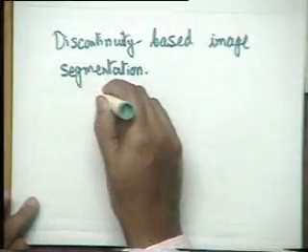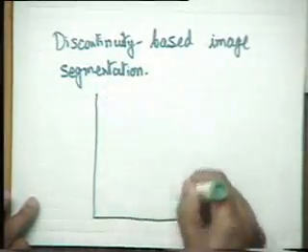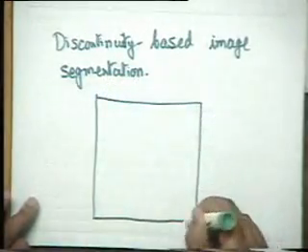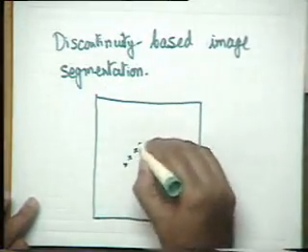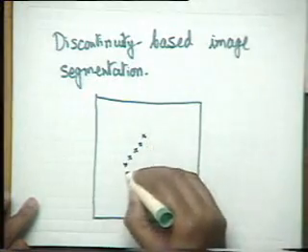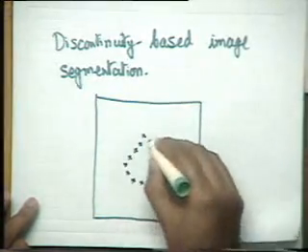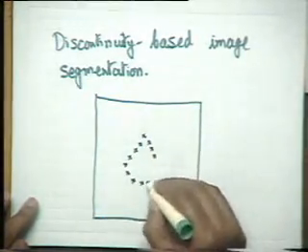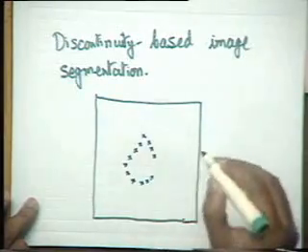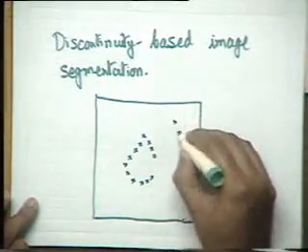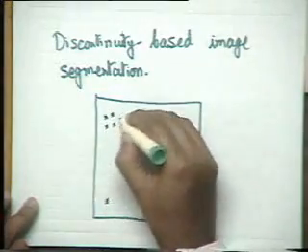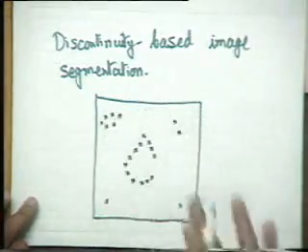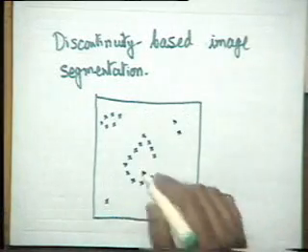Supposing this is our image and we are getting some edge pixels which I am marking with a cross. Like this, we will be getting a set of edge pixels.